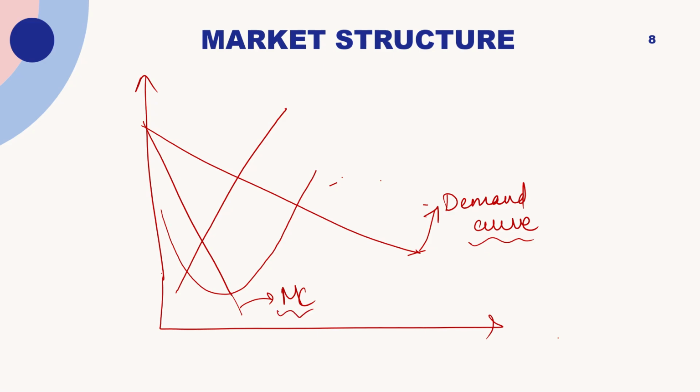Now when we talk about this graph, let me just highlight it. Yes, so here this is the demand curve, this is your MR, not MC. And this line that I've highlighted, this is your MC.